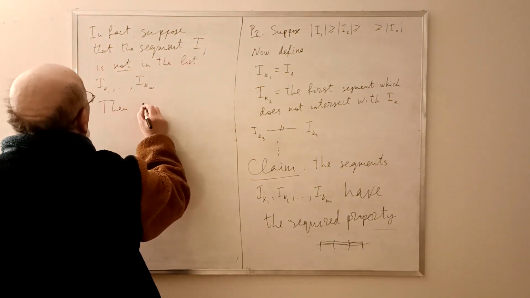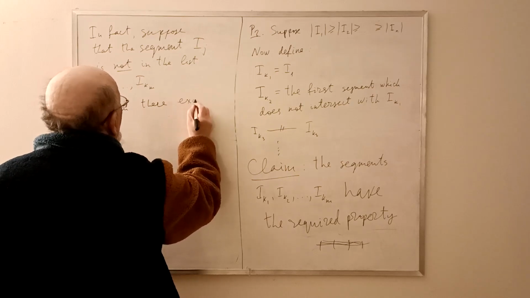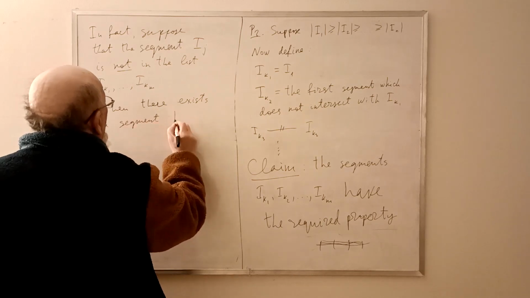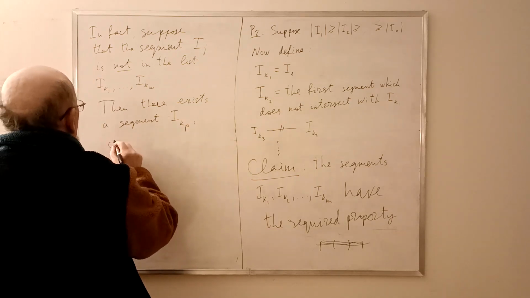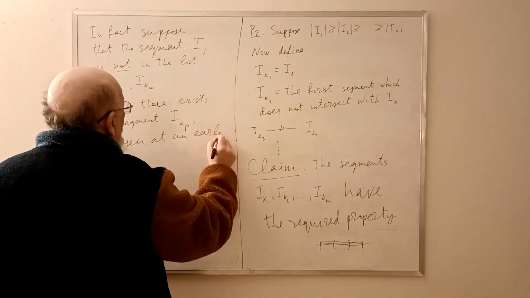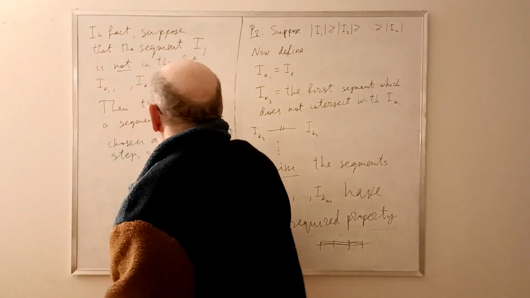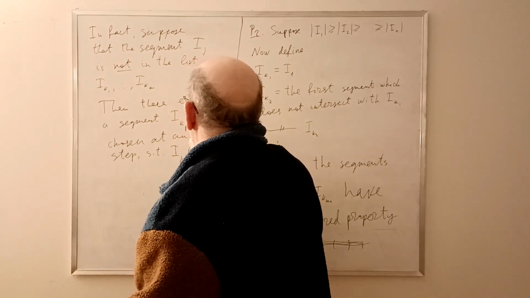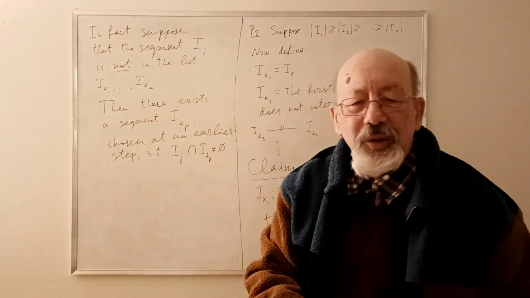Then there exists a segment, say I KP, chosen at an earlier step, such that Ij has non-zero intersection with I KP. The intersection is non-empty.